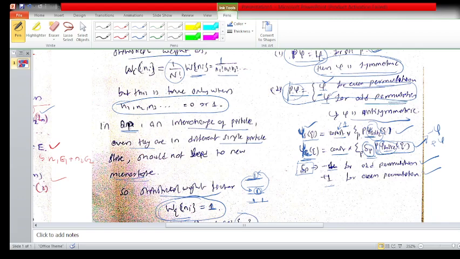For the antisymmetric wave function, depending on the permutation, if it is odd it gives you minus psi, and if it is even it gives you plus psi.